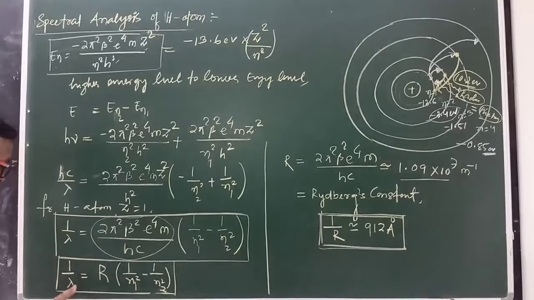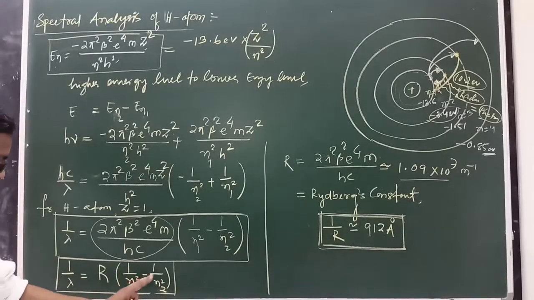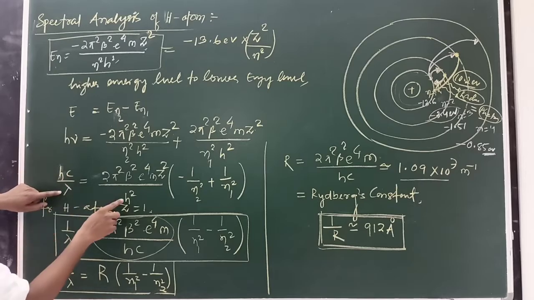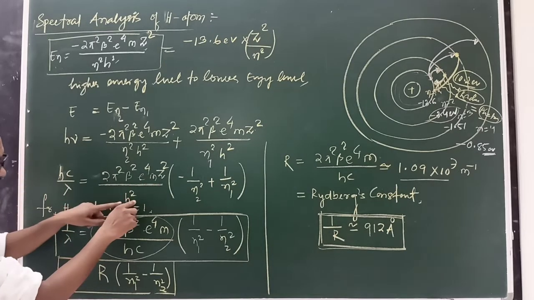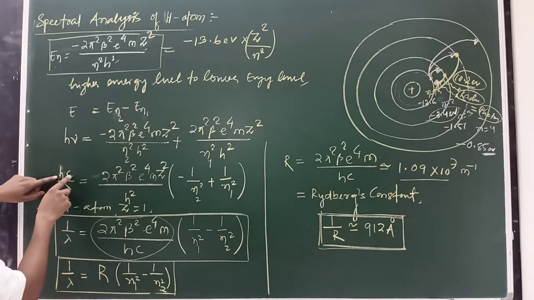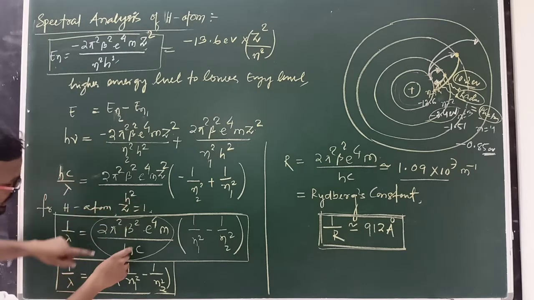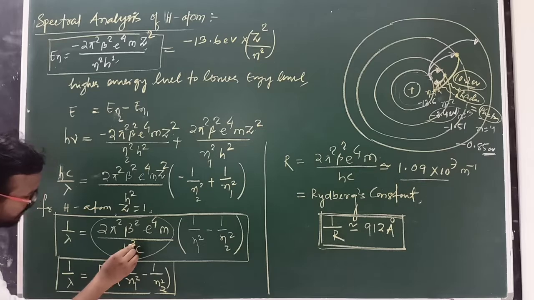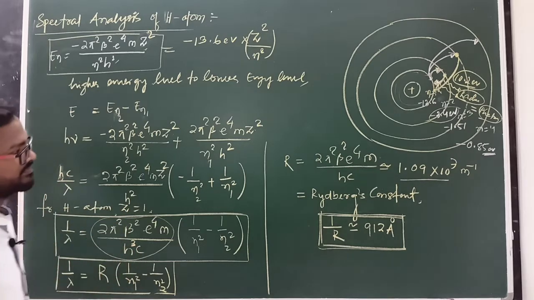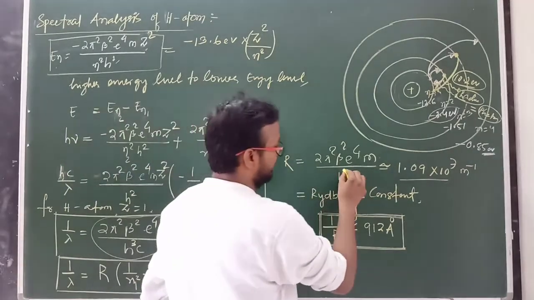So 1 by lambda equal to R into 1 by n1 square minus 1 by n2 square. Sorry, just a mistake by me: if you multiply hc here, then it is ch cubed, because ch and h square are here, so ch cubed, and this term also ch cubed.